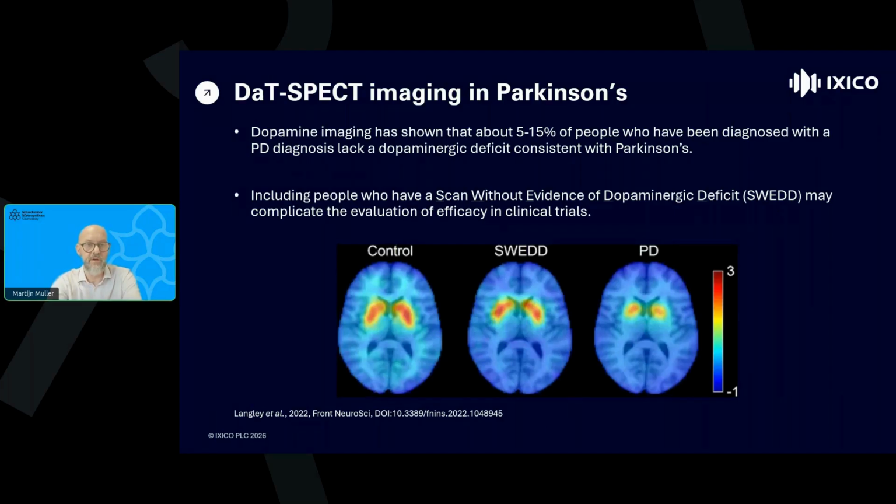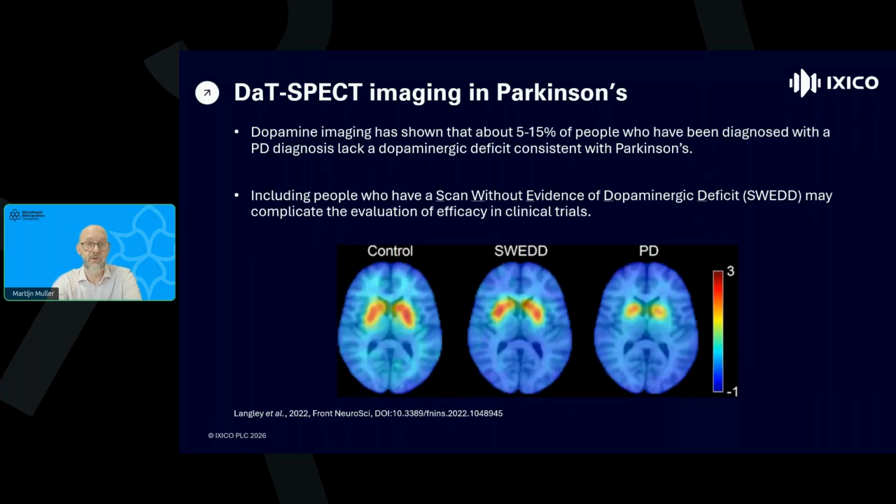Inclusion of participants who have a clinical diagnosis and a clinical presentation that resembles Parkinson's disease, but are a SWED on scan, dilutes treatment effects in a clinical trial and increases the variability.